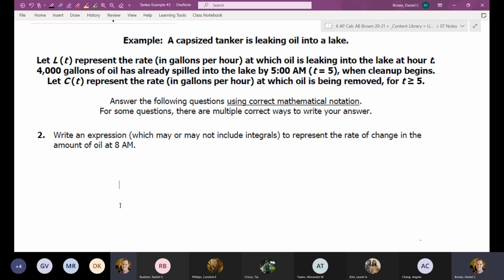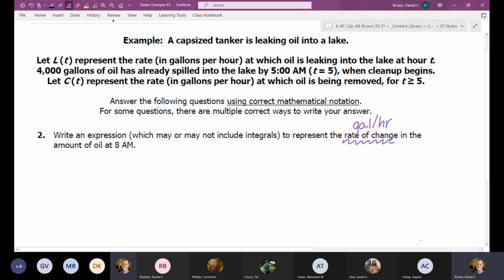So again, when I approach a problem like this, I look at what the question is ultimately asking me to find. I want to represent something that is a rate of change. In the context of this problem, what is the unit of measurement for a rate of change? Gallons per hour. So I want my answer to be something in gallons per hour.